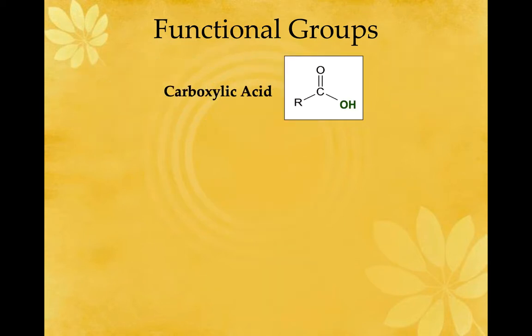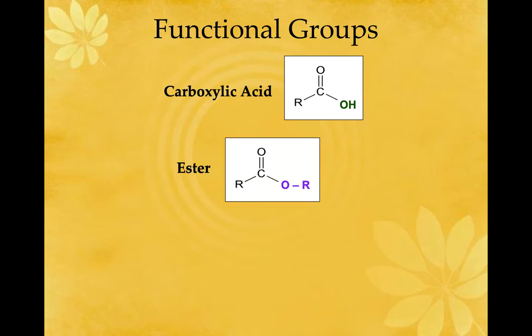The next one, carboxylic acid, you've got the hydrocarbon chain bonded to the carbon, double bonded to the oxygen, and then the carbon is also bonded to a OH group, the alcohol group, creating a carboxylic acid. The next one is the ester. So this is very similar to the carboxylic acid, except that the terminal hydrogen has been removed and another hydrocarbon chain is added.